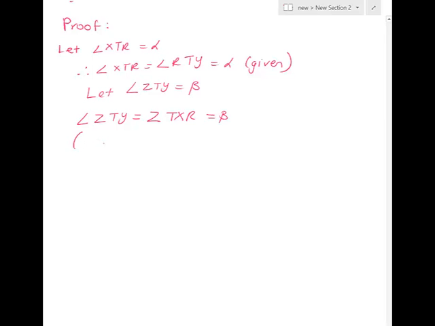And the reason behind that was angles made with tangent and chord are equal to angles in alternate segment.